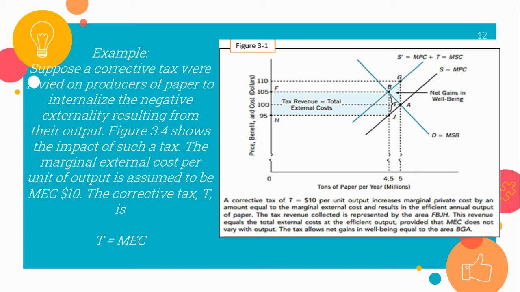If the competing users of the stream are easily identifiable, the tax collected, $45 million, could be used to compensate other users of the stream for $45 million in damages that remain after the externality is internalized by the corrective tax.